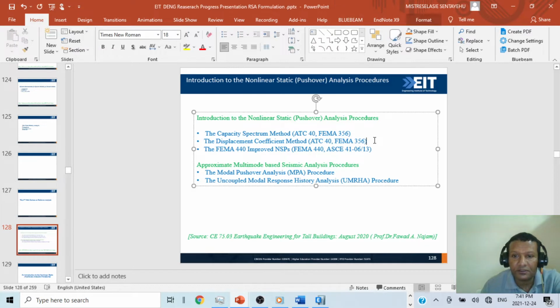We will use these two methods for estimating our target displacement, because we are going to push our structure until this target displacement, and extract the demand, the capacity of our building until that displacement in the future earthquake. When the future earthquake comes, the building will be pushed to this amount of target displacement, or we call it performance point.